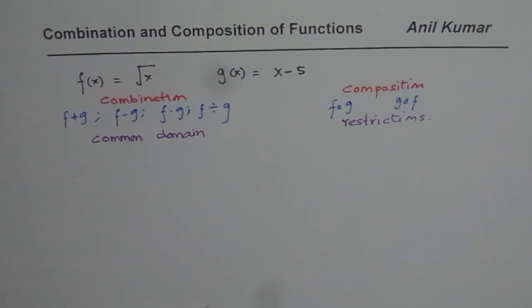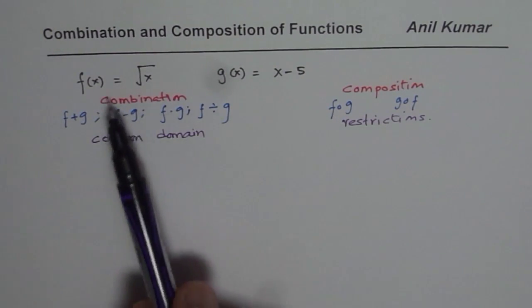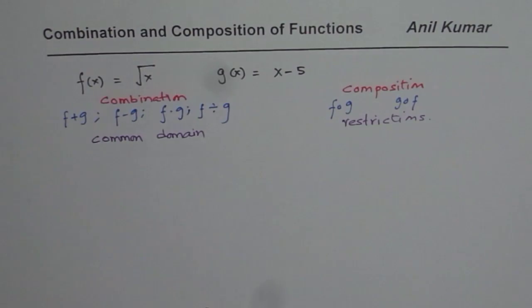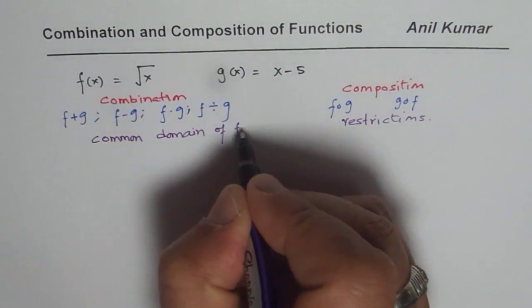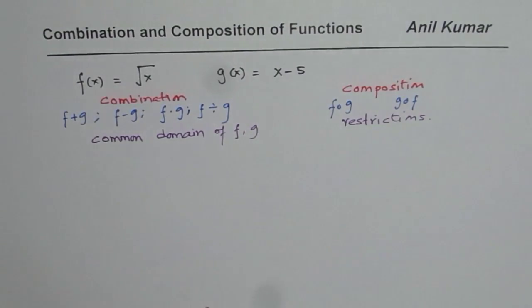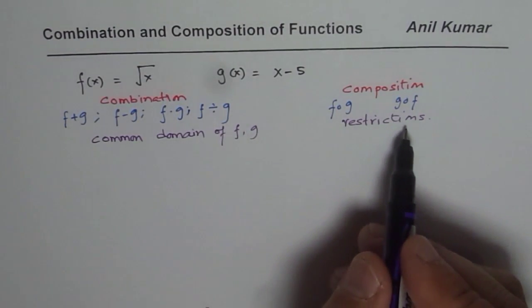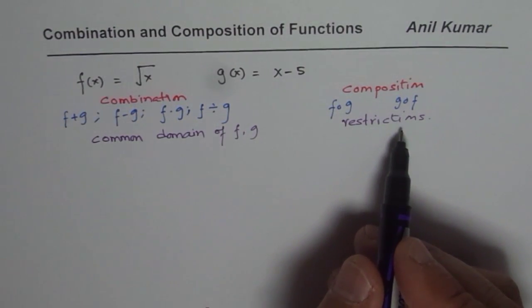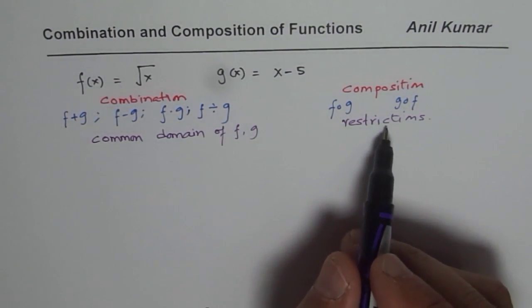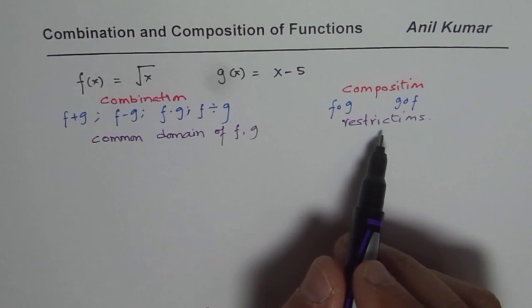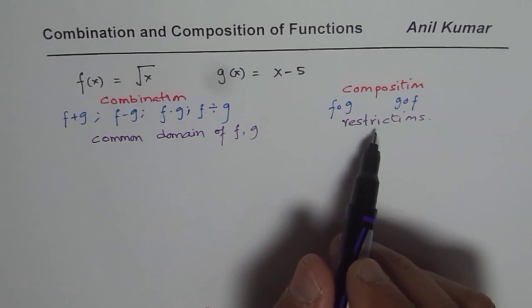Definitely this is not the common domain of the original functions. That is what I mean when I say common domain of f and g. Here we'll have restrictions, and you'll also notice that sometimes the restrictions may not be linked with one of the functions. It will definitely be linked with one of the functions, but may not be linked with the other.